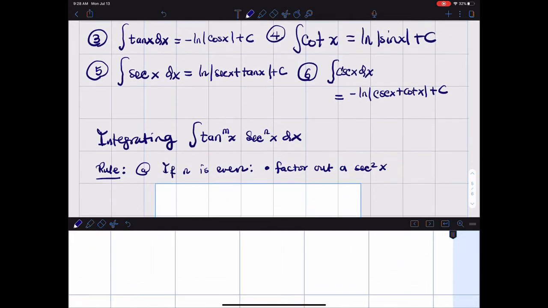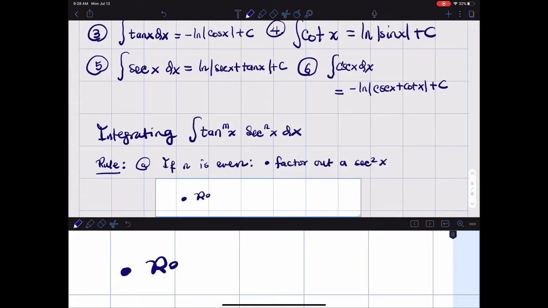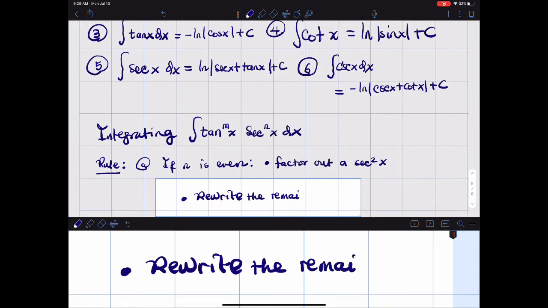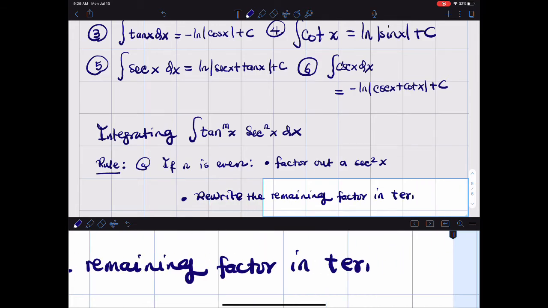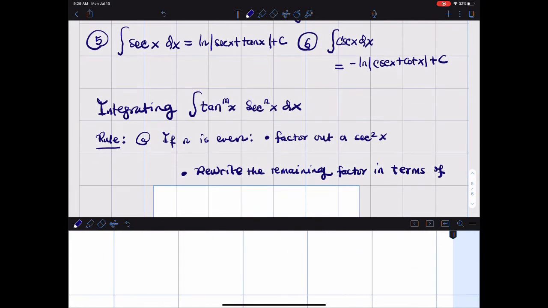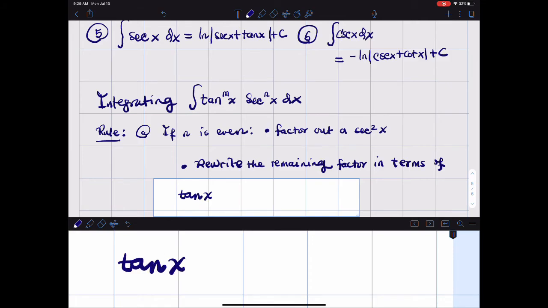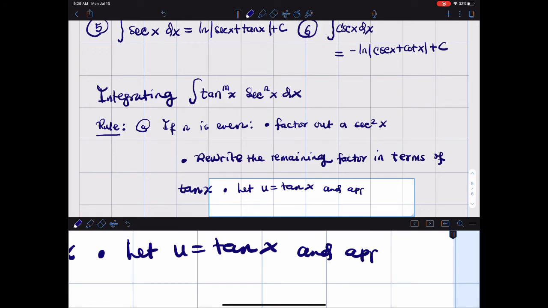What else do you do? You rewrite the remaining factor in terms of tangent of x, and then you let u be equal to tangent of x and apply u-substitution.